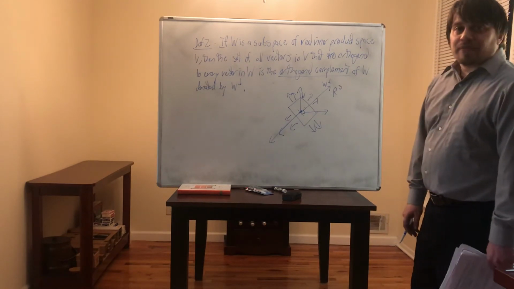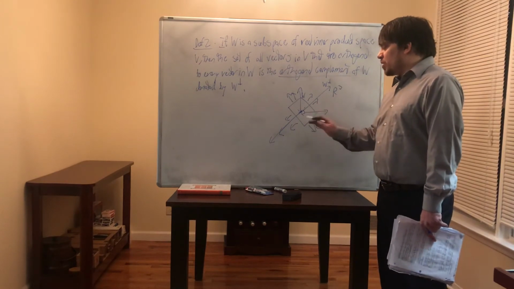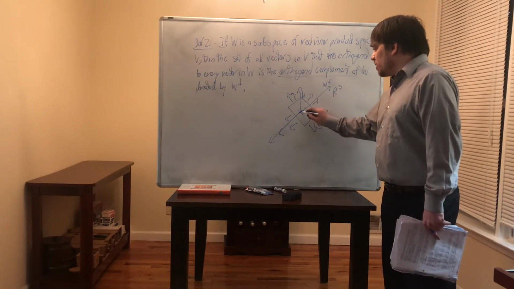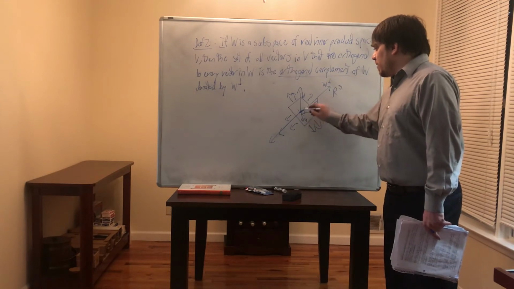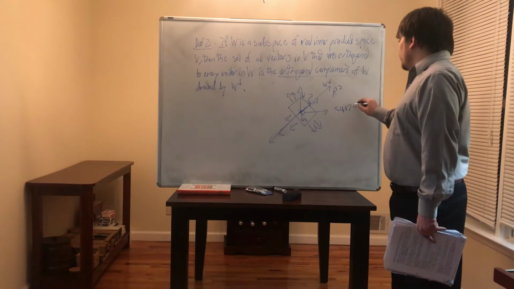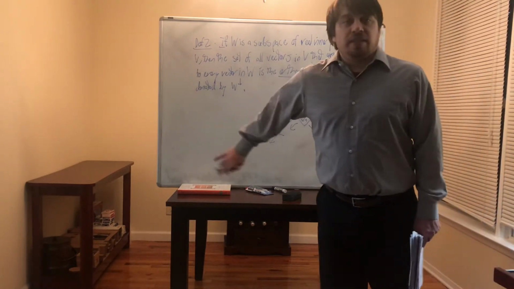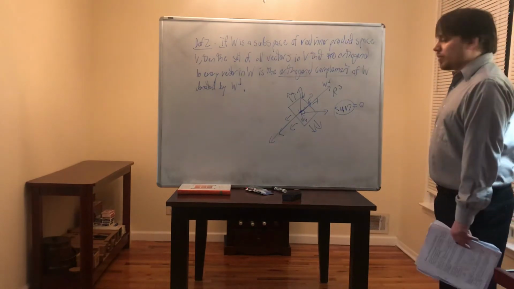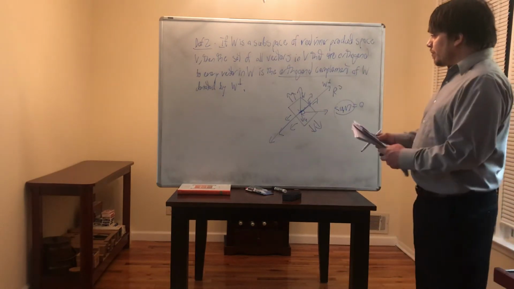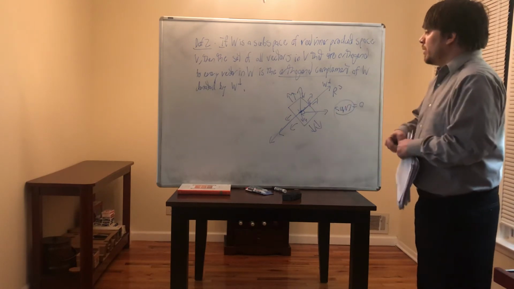Okay, and again, the fact that these vectors are perpendicular to this plane is determined by the fact that for any vector u on the plane and any vector v on this line, the inner product of u and v would be 0, using the standard inner product on R3. Okay? Okay.